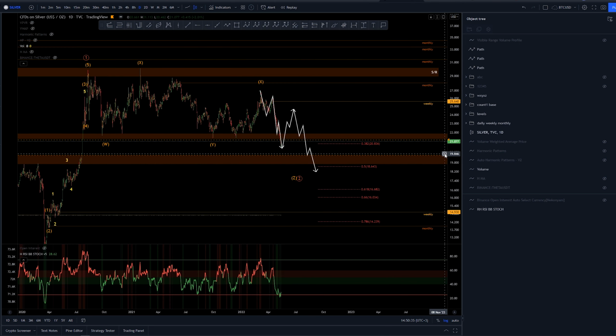Those are the two possibilities: whether this is an A of 5 waves or whether this is actually just an A, B, C.